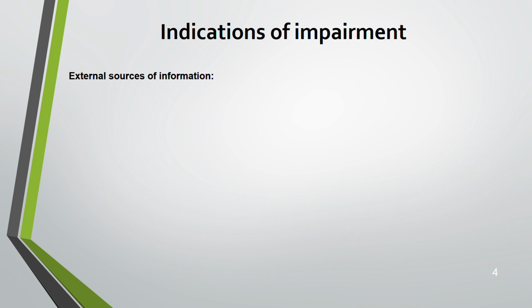Sometimes in exams they directly ask you what are the external sources of impairment, what are the internal sources of impairment. External sources means outside, external factors. Like, let's say there's an unexpected decrease in the asset's market value, something which you cannot control, right?